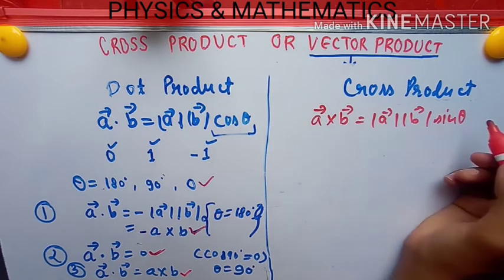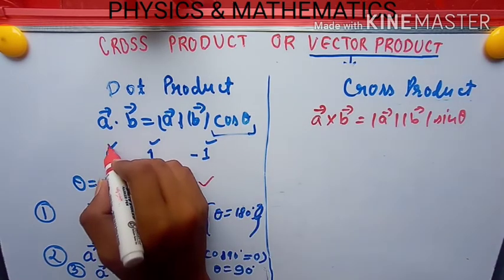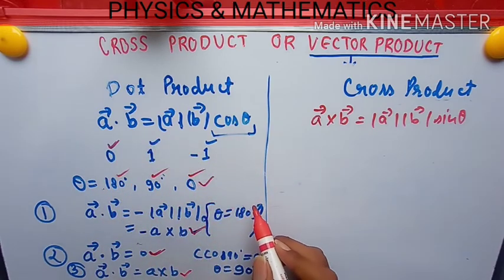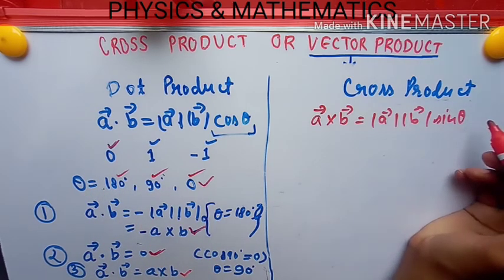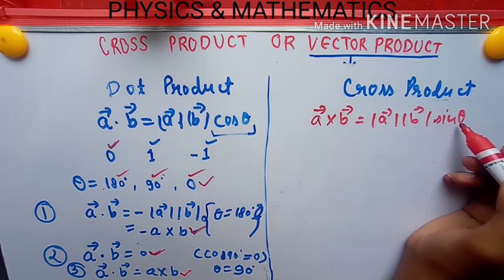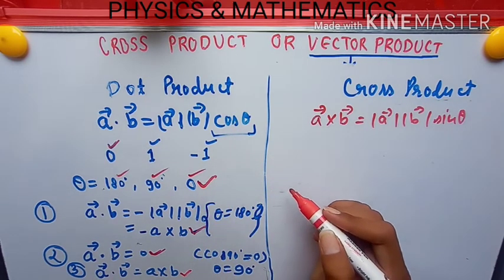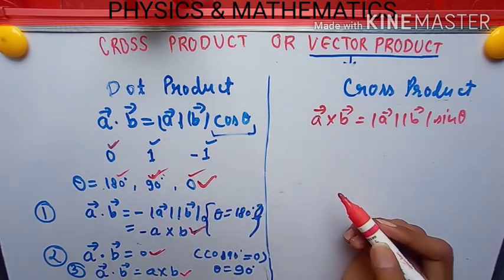Okay, now for sin theta, we again choose the theta values 180, 90 and 0 degrees. For 180, sin theta is equal to 0. Clear? And for 0 degrees sin theta is equal to 0, and for 90 degrees sin theta is equal to how much? 1.